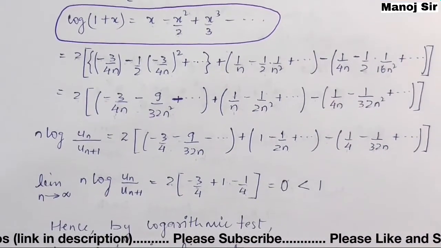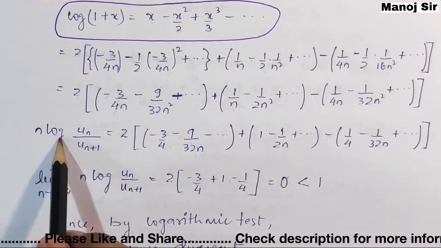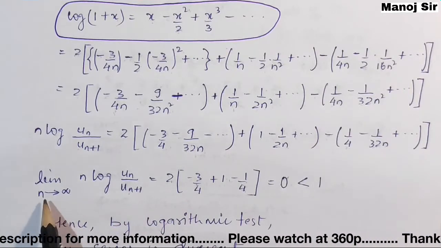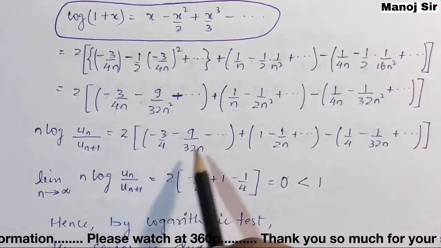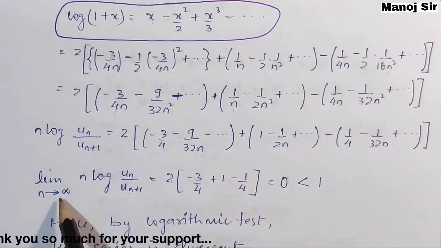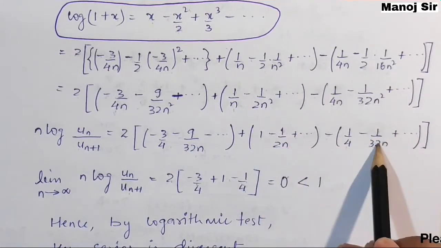Now we need to put a limit. We'll apply the limit, that is limit n tends to infinity of n log(un upon un plus 1). If you apply this limit, because n is present in the denominator and n tends to infinity, this is going to be 0, this is going to be 0, and this is going to be 0.